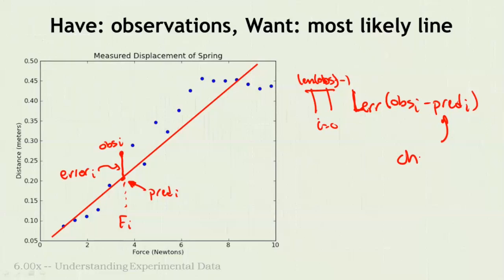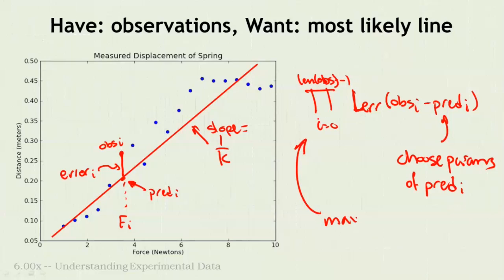I want to choose the parameters of my prediction. In this case, it would be the constant 1 over k, that's the slope of the line, and then the intercept of the line, such that that particular choice of parameters maximizes the likelihood.